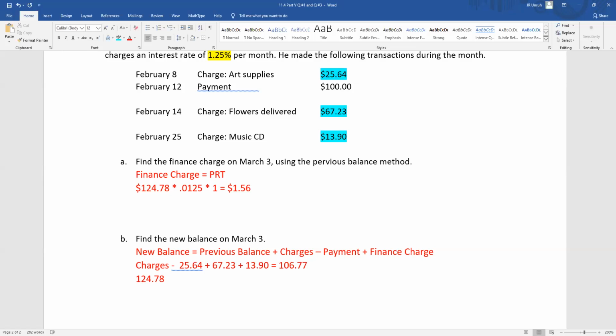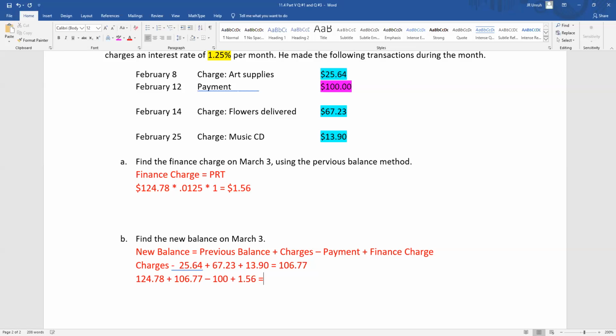So when we come down here to the new balance, we start out with our previous balance. We add to that the charges, 106.77, and we subtract the payment of $100, which is right here. There's our payment of $100. And we add to that the 1.56 for the finance charge.